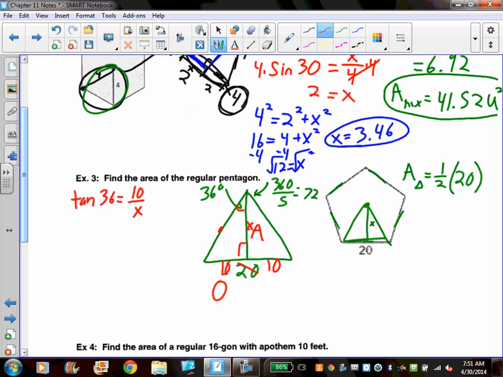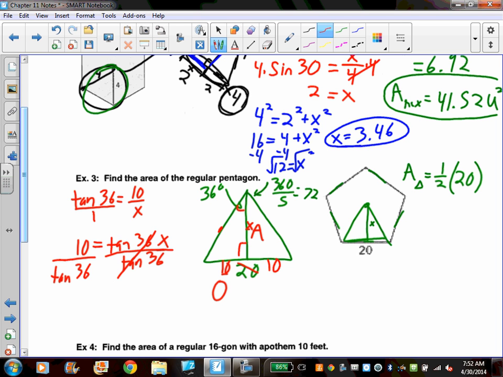What I'm going to do is turn tangent of 36 into a fraction by putting it over 1 and then cross multiply. 1 times 10 is 10, and that's going to equal tangent of 36 times x. To get x by itself, I'm going to divide by tangent of 36. But I have to do it on both sides.